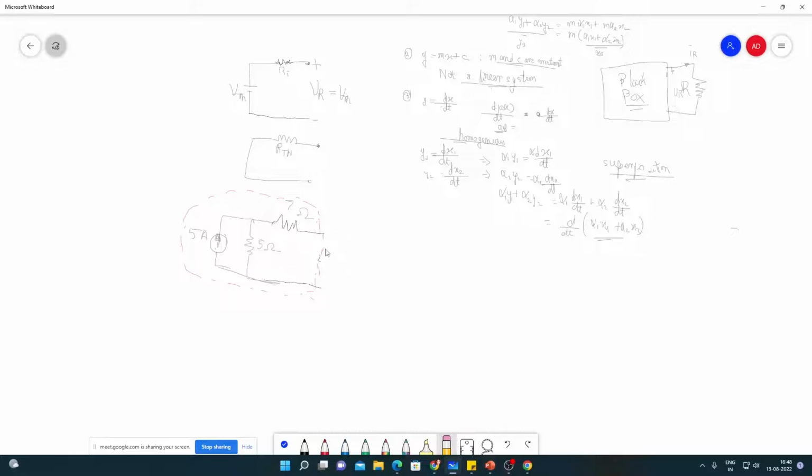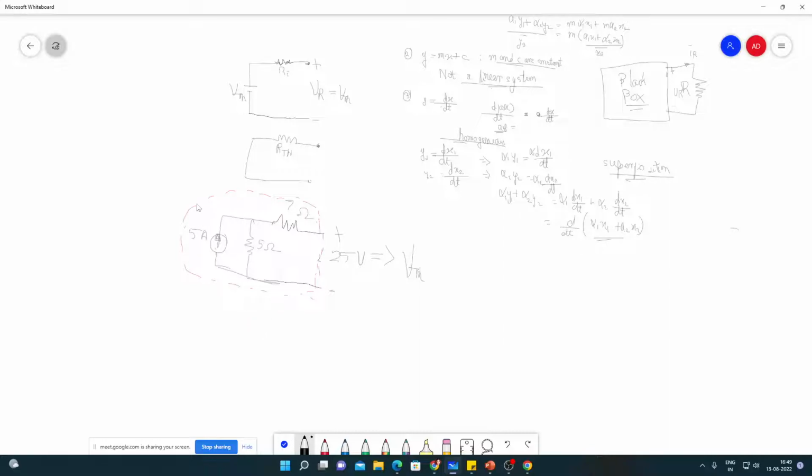So what is the voltage across these two terminals? 5 ampere is flowing, so it cannot flow through this because this is open, so it will flow through this 5 ohm. So 5 into 5, that's 25 volts. So this is my V Thevenin.